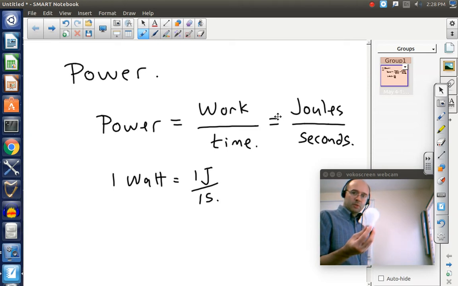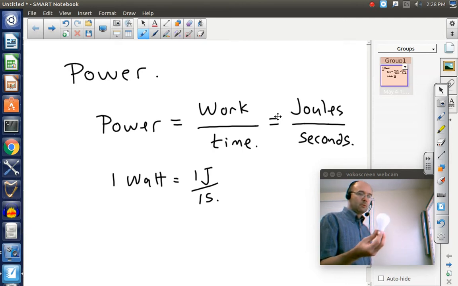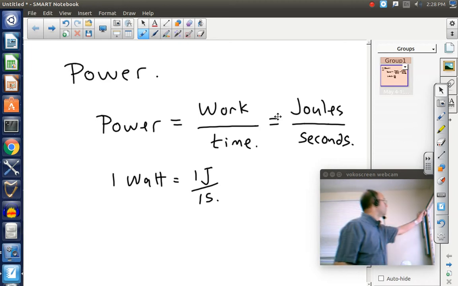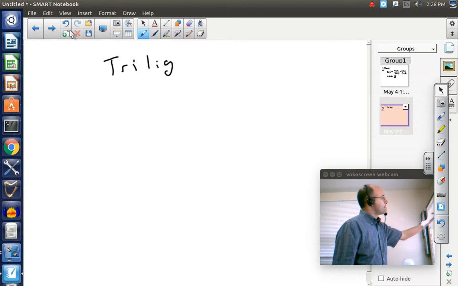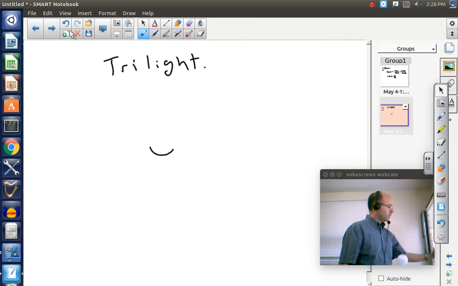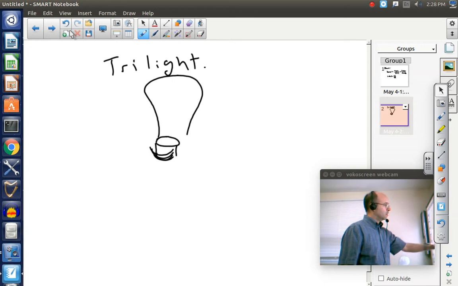Some of these light bulbs have a second pin on here, and you can buy tri-lights. So a tri-light, let me draw the base of the light bulb and draw the bulb.